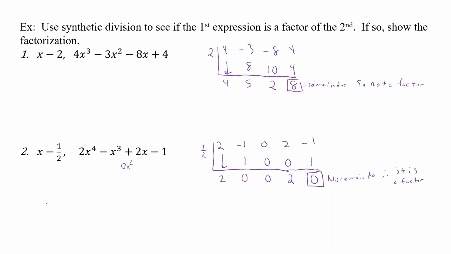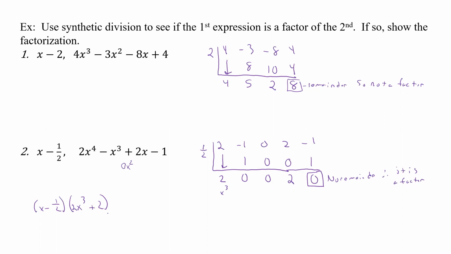And so what we have is then if we write it out, we get x minus 1/2 times, now this is going to be the x cubed, and then that's x squared, x, and that's just a number. So that's going to be, oh, that's supposed to be 2x cubed, sorry, plus 2.